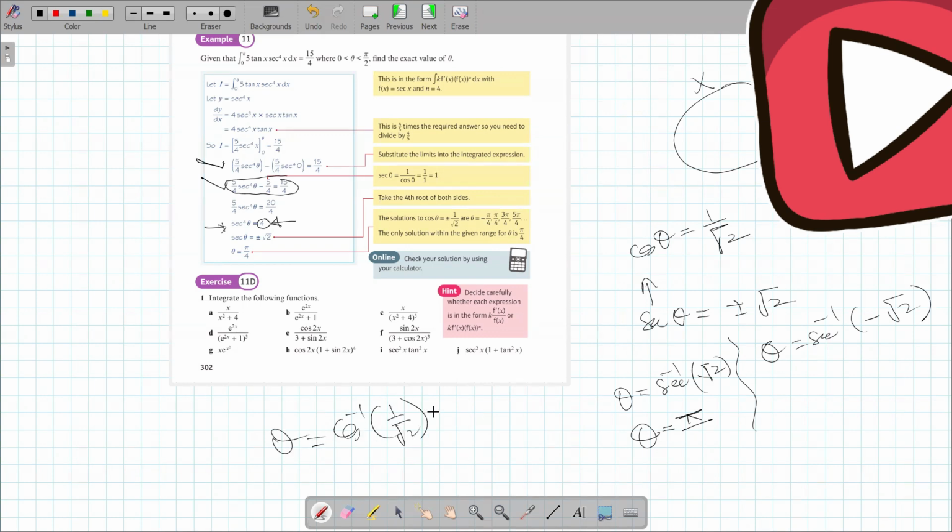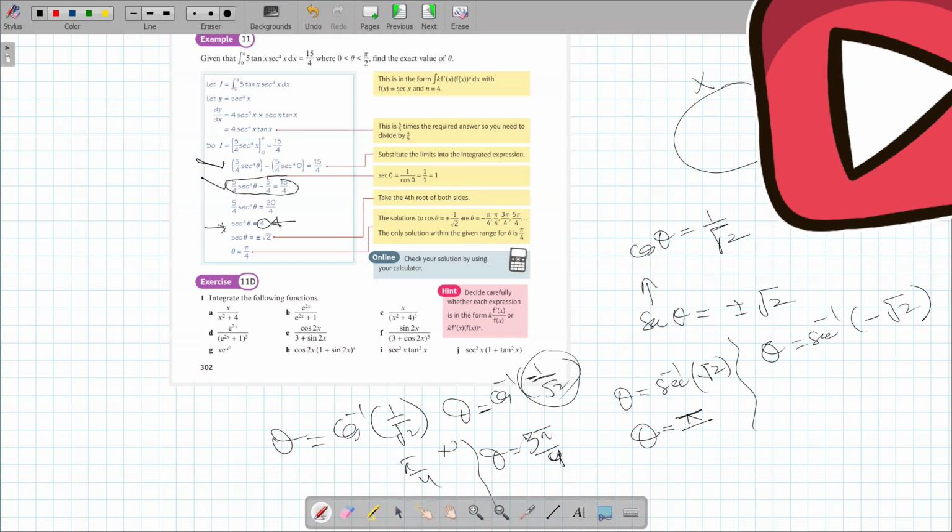What is that? It is pi over 4. What is cos inverse of negative 1 over square root 2? 3 pi over 4, which is out of the range.